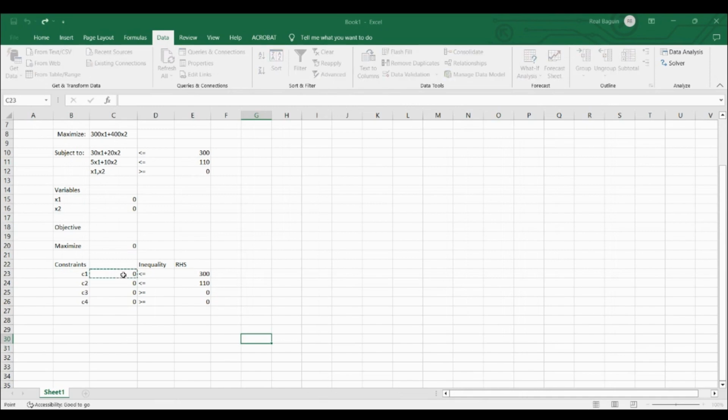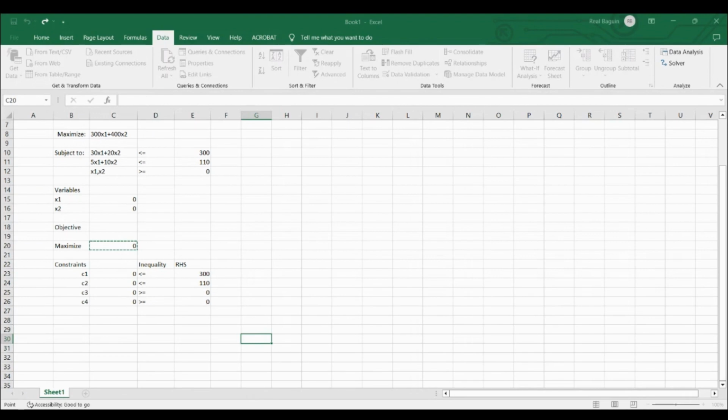We have this one that is less than or equal to 300, then the next one that is less than or equal to 110. We have some more: this one that is greater than or equal to 0, and lastly this one, which is still greater than or equal to 0.